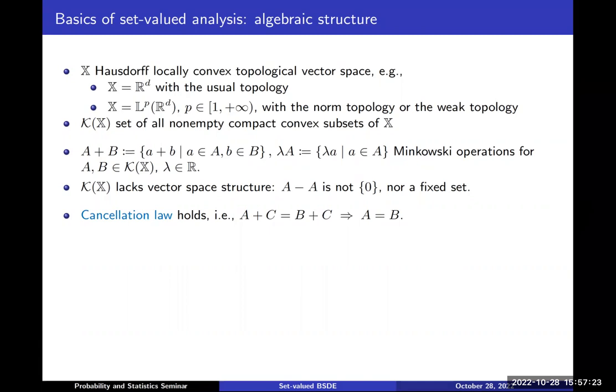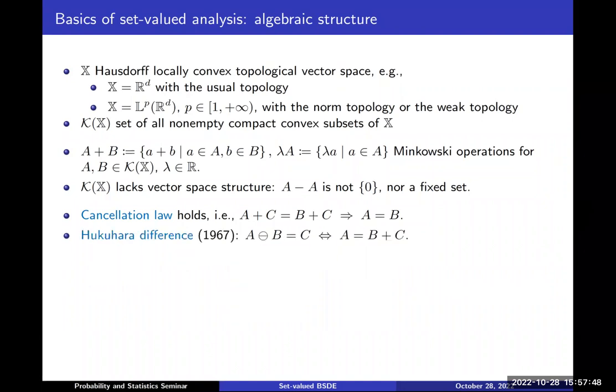So when you try to do some basic mathematics with sets, even this kind of thing fails. So there is a lack of vector space structure. For the cancellation, the condition is only on C. A and B are arbitrary. Yes, I think as long as C is compact, it should be doable.